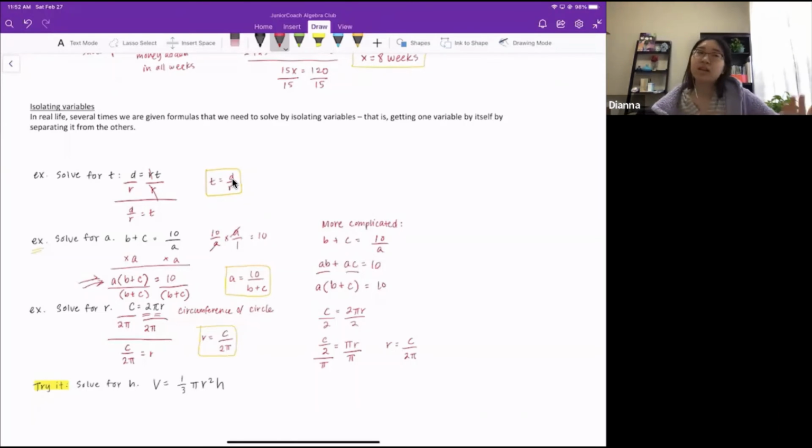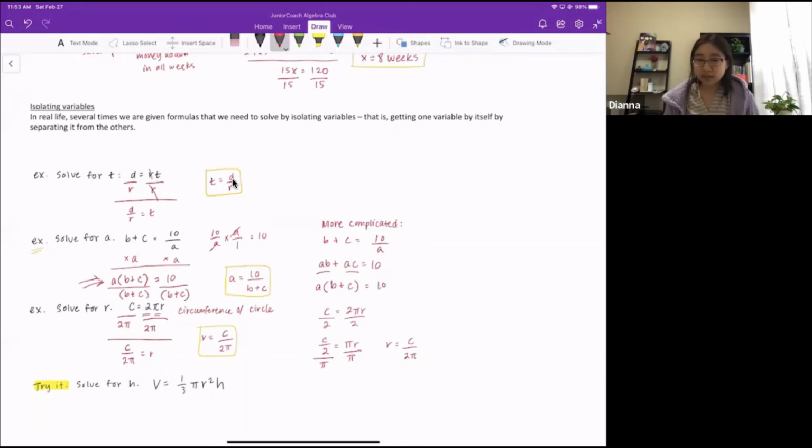So eventually in higher level math, you'll be able to see an equation and be like, oh, I can just divide these both at once. No problem. You don't need to do all the steps to show work. I don't mind if you combine some of the steps sometimes. Don't do it for addition and subtraction and multiplication and division at the same time, because most of the time you're probably not going to get the right answer. Don't try to divide by 2 and multiply and add 3 at the same time in one step.